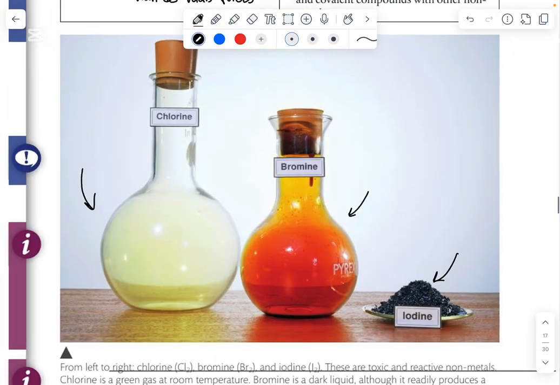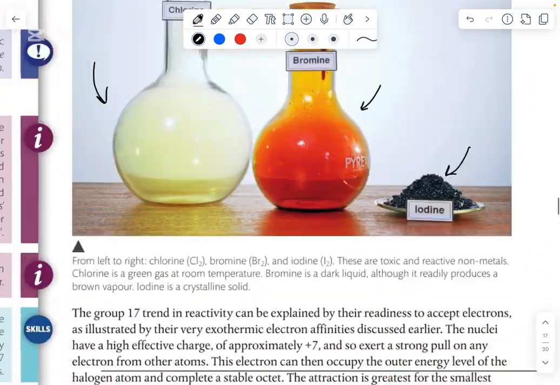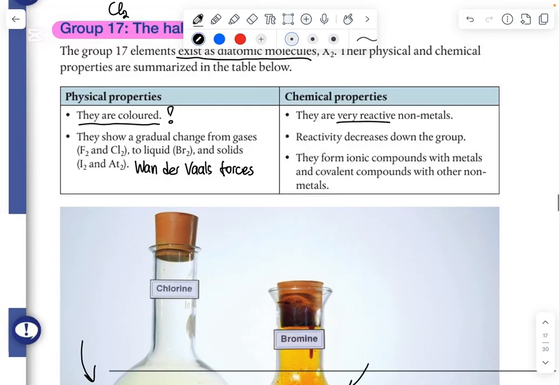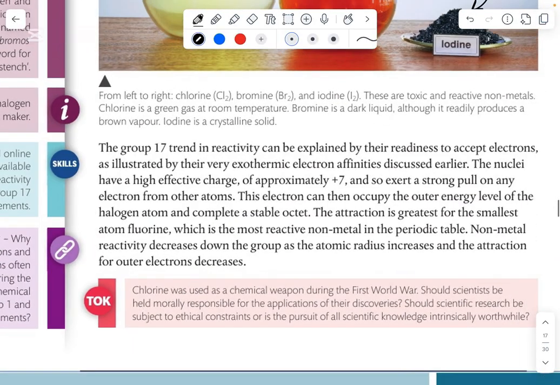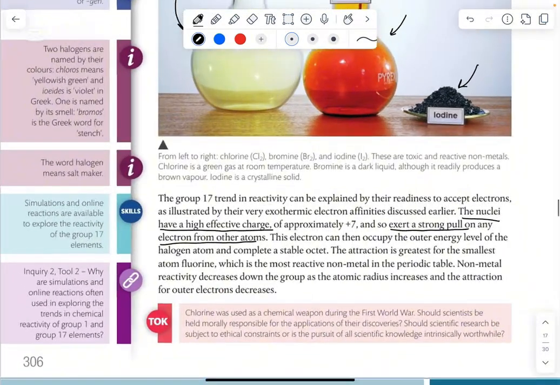So the reason why these elements are very reactive nonmetals is because of their electron configuration, of course, and their readiness to accept electrons. The nuclei have a very high effective charge of approximately 7+, so they exert a strong pull on any electron from other atoms.